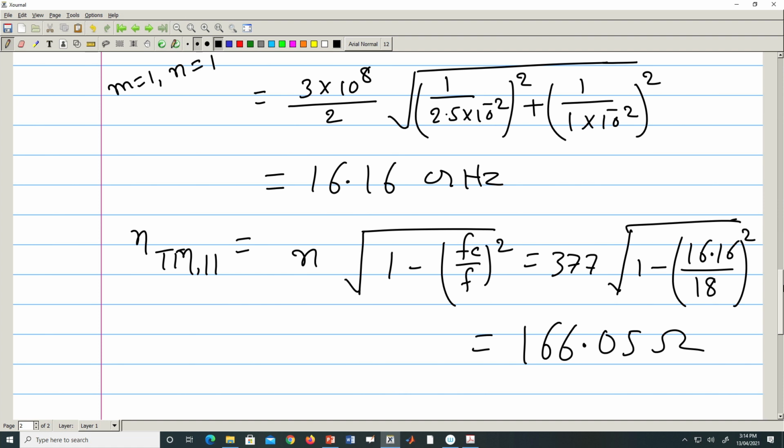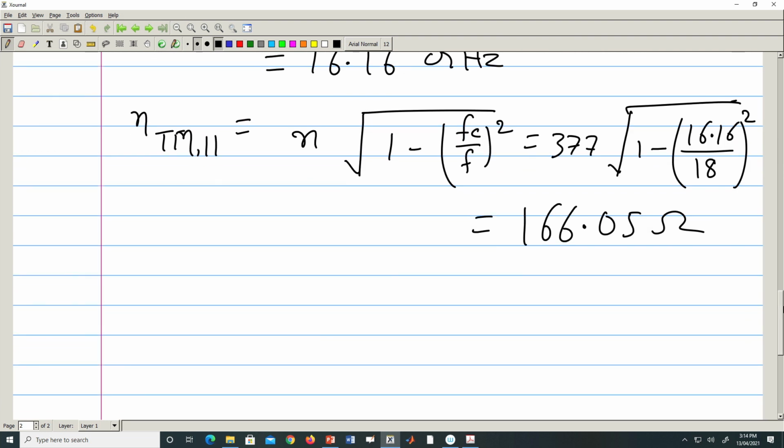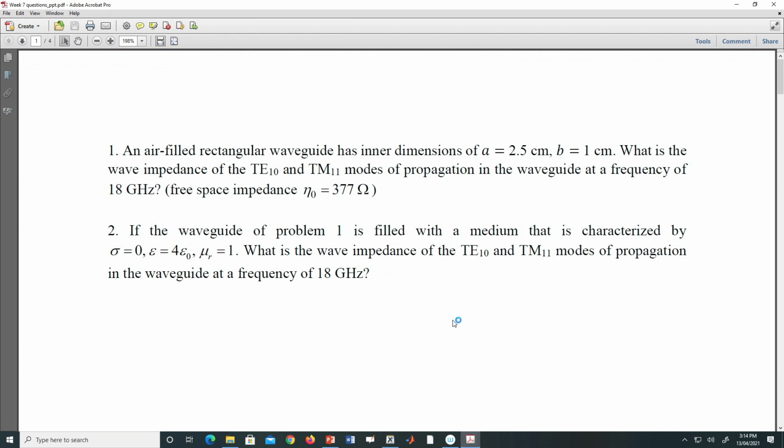If the waveguide of problem 1 is filled with a medium characterized by sigma equal to 0, epsilon equal to 4 epsilon naught, mu r equal to 1. Now, this means the air filled rectangular waveguide of problem 1 is filled with a material that has relative permittivity 4.